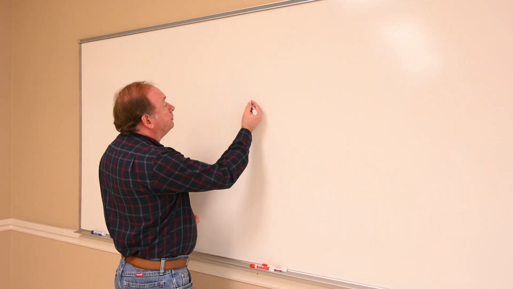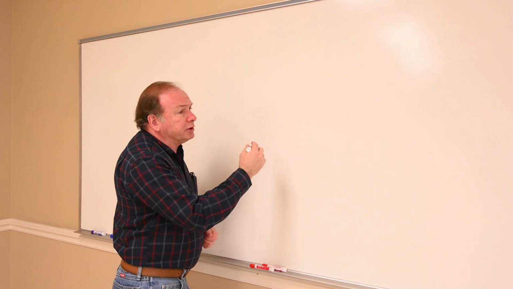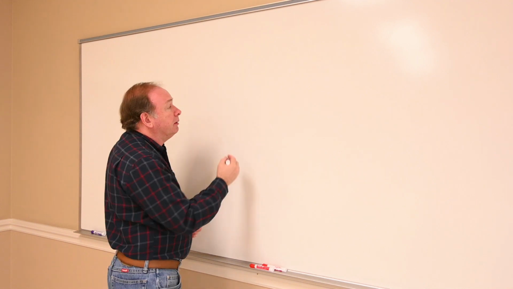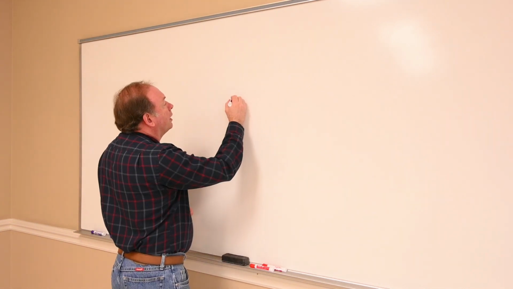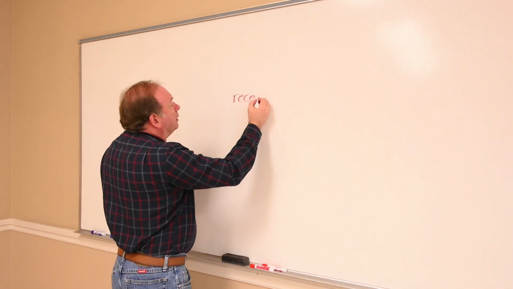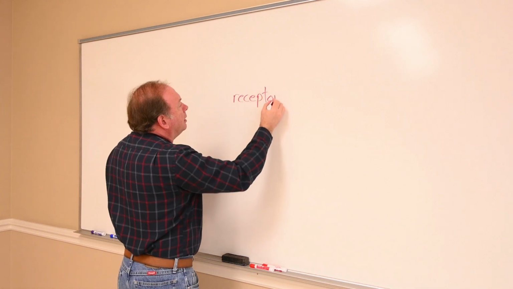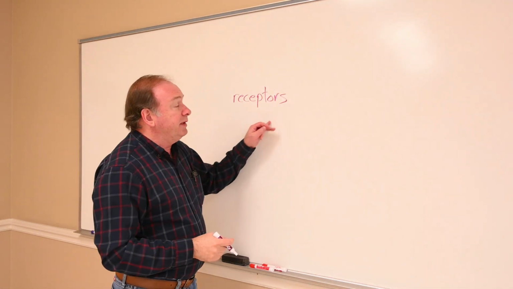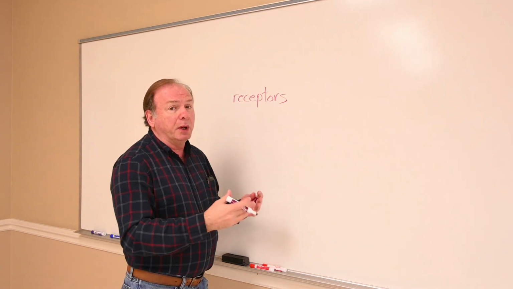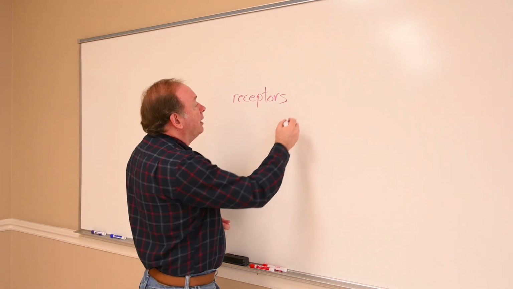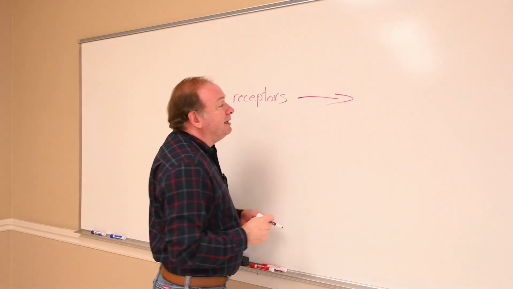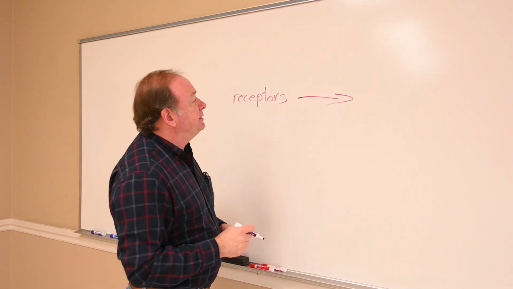First of all, we use some terminology in talking about nervous system responses. First of all, receptors. These are sometimes thought of as sensors, things that pick up information from your environment that will be conducted toward your central nervous system.